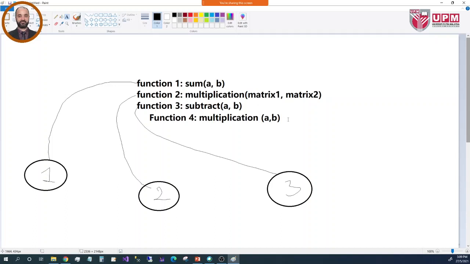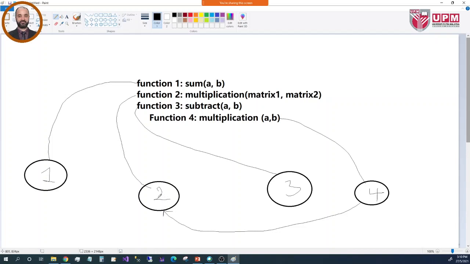So here, we have function 4. Function 2 is always waiting for the result of function 4. So there is a relation here.